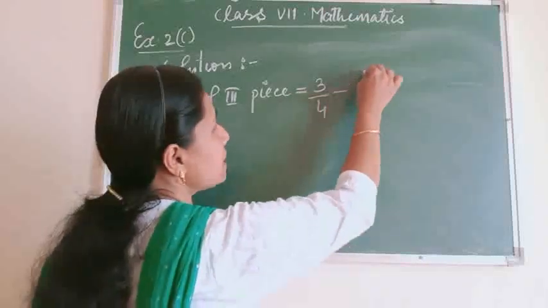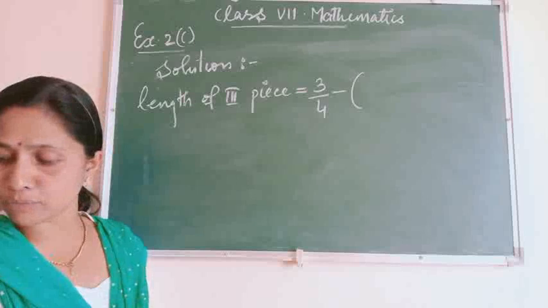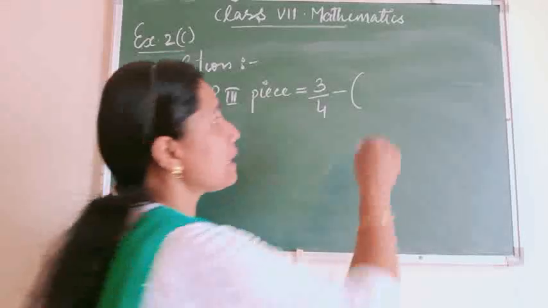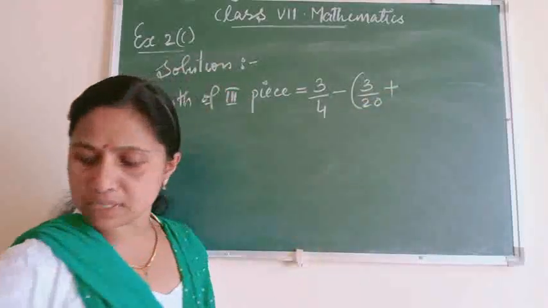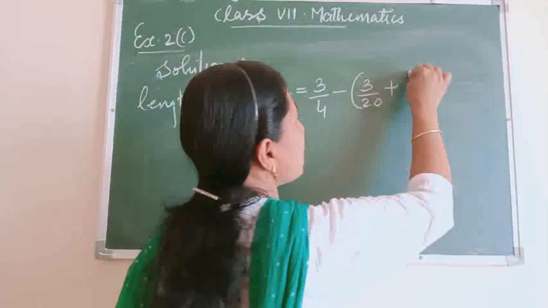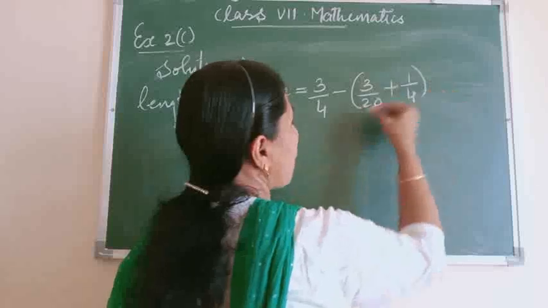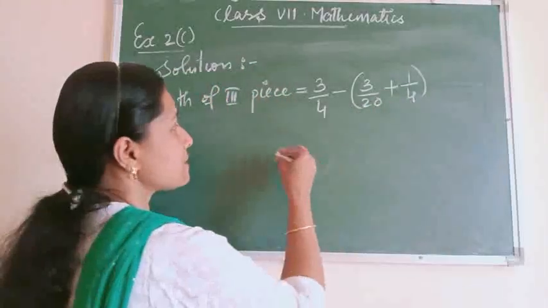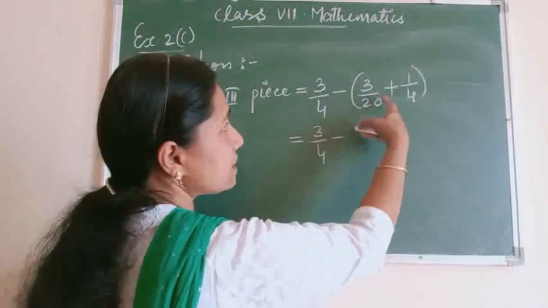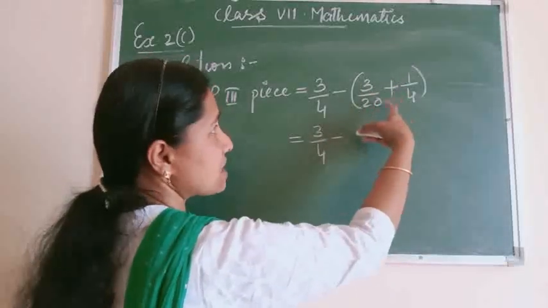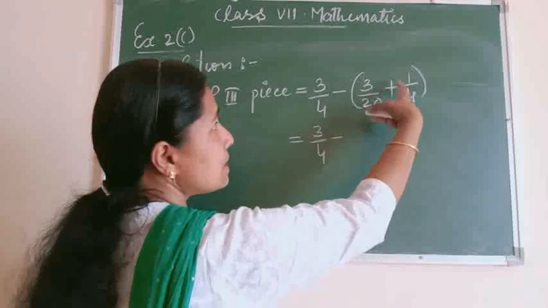That's why minus, and in brackets we put the length of the first piece, 3/20, plus the length of the second piece, 1/4. After solving this, you will get the answer. So 3/4 minus, in brackets, 3/20 plus 1/4.